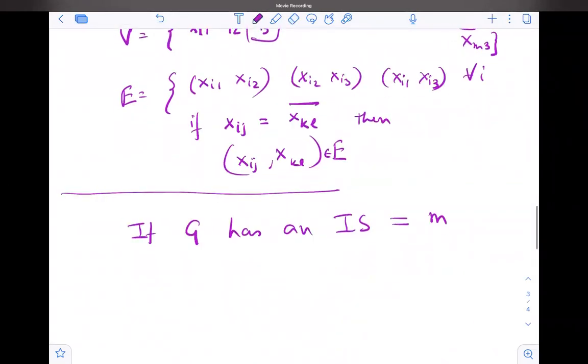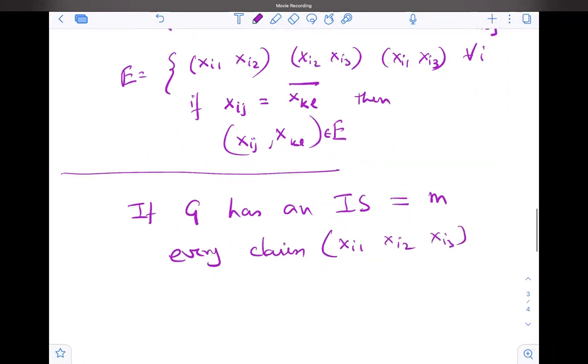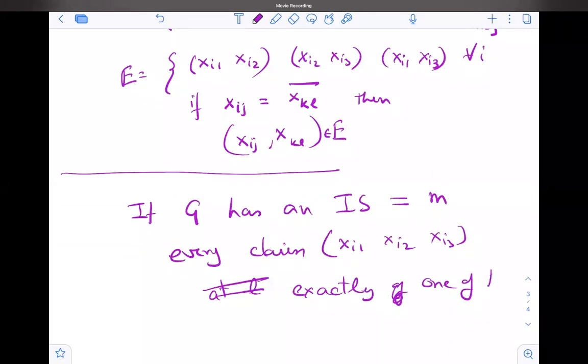That means every clause, meaning among this xi1, xi2, xi3, every triple of vertices you think of, at least, or exactly, one of the vertices is in the independent set, right?